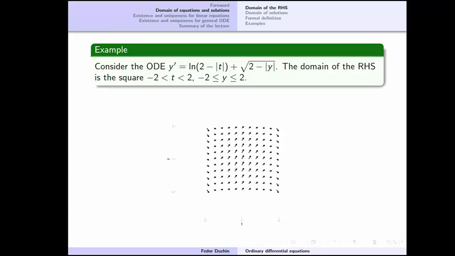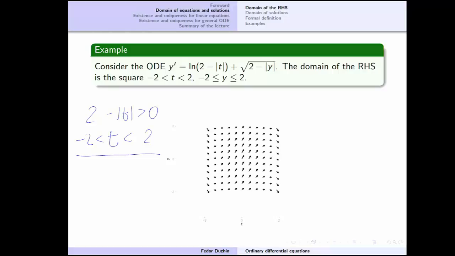Alright, one more example. So here we have both the logarithm and the square root. Again, whatever is inside the logarithm must be strictly positive. So 2 minus absolute value of t must be strictly positive, which means t must be strictly between negative 2 and 2.